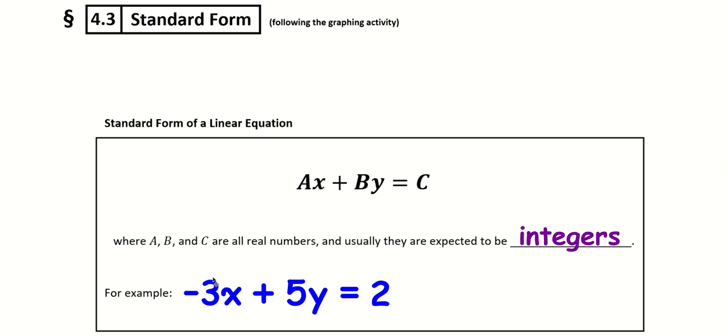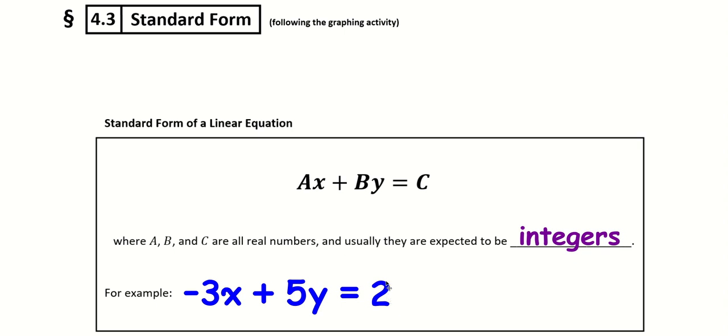Again, it's just not in slope-intercept form. This is opposed to slope-intercept form, where this is obviously not an equation that's solved for y. It goes like I just said: x term, y term, equal sign, and then the number constant.